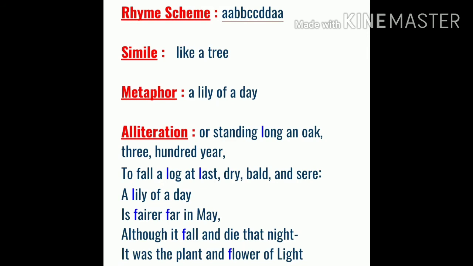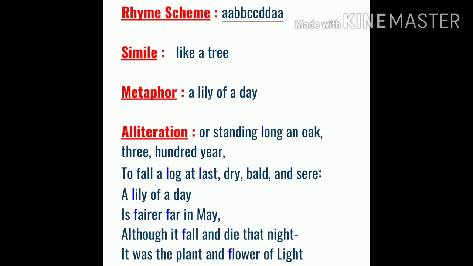Now next is alliteration. Alliteration means the occurrence of the same letter or sound at the beginning of closely connected words. जब सेम वर्ड्स को यूज़ किया जाता है, अल्फ़ाबेट को यूज़ किया जाता है, दैट इज एलिट्रेशन. एलिट्रेशन इज यूज्ड इन दिस पोएम. हाउ?